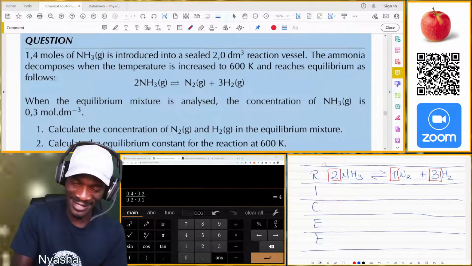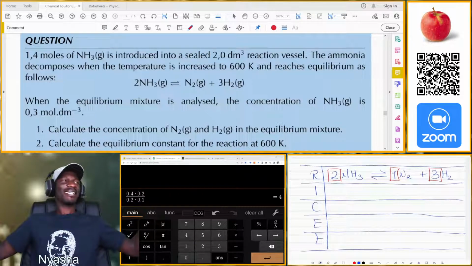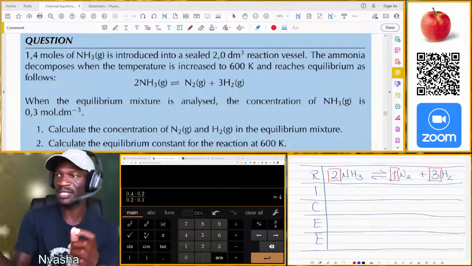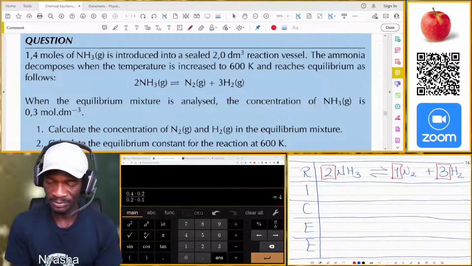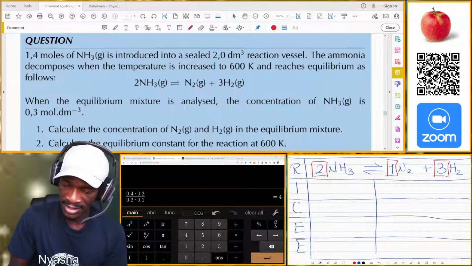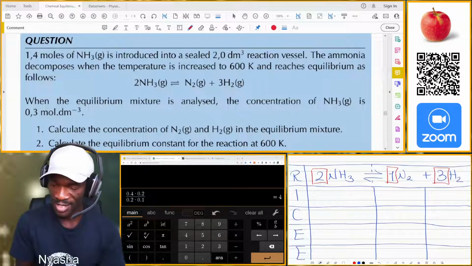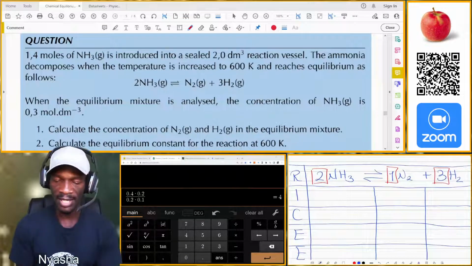Everything is important, yes, but if you forget these numbers, you might have everything else and it doesn't count, because your calculations are based on the stoichiometric ratios or coefficients. Now I'll make the necessary columns per species, without cancelling my equilibrium symbol. So there we have our Rice diagram.